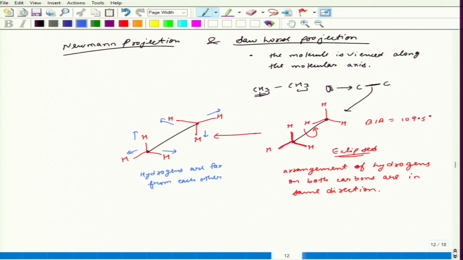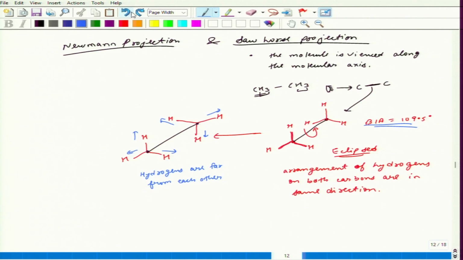And in these projections, the bond angle, though it is 109.5 degrees, in this projection we do maintain an angle of 120 degrees. In projections we make the angle 120 degrees.